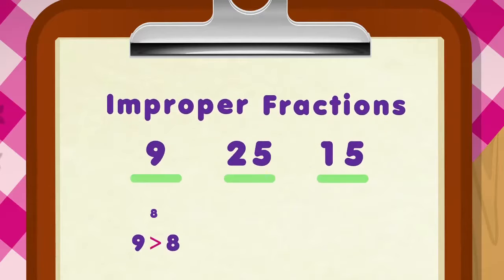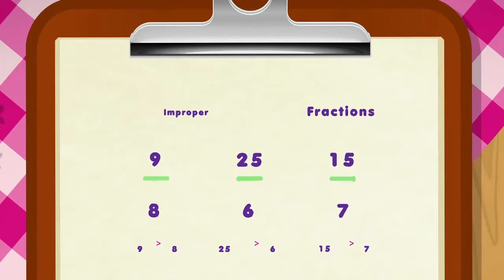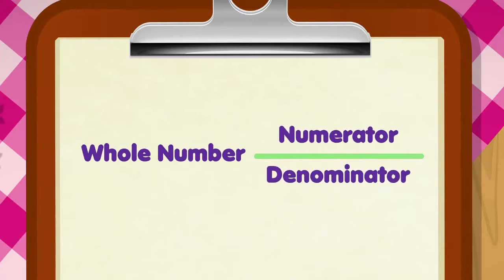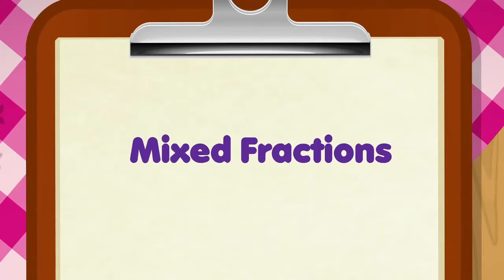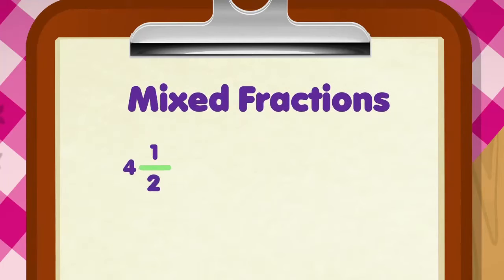Examples: 9/8, 25/6, 15/7 are improper fractions.